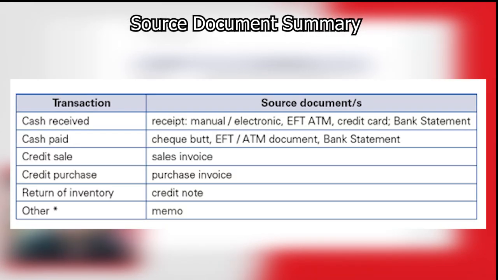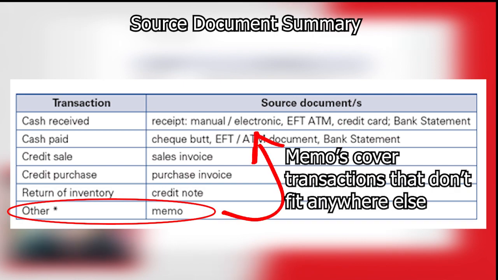Now, if we have a look here, you can see we've got our source documents, list of transactions, and other is going to be memos. Other is other information that does not fit in the above transactions. So my suggestion to you, and there's no magic bullet or way to make this easier, you just need to practice.